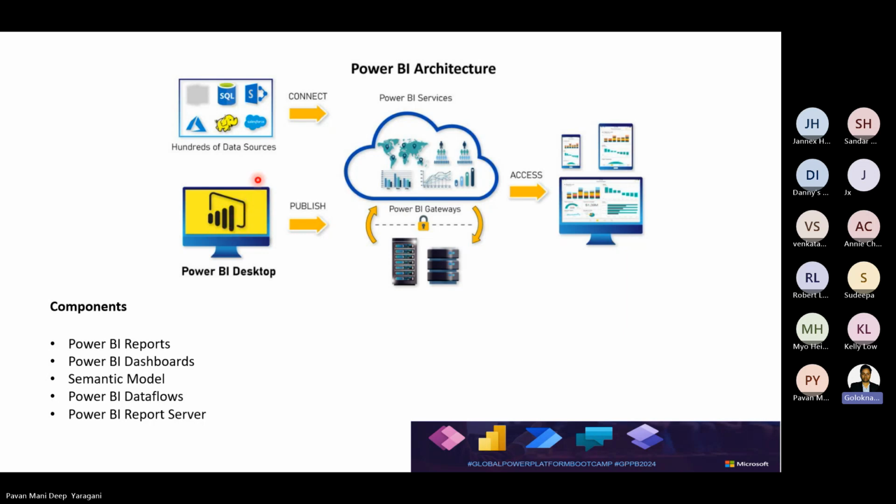And once we have developed the report and we are connected to our data source from where our data is, then we need to publish that report to a Power BI service. So this is the Power BI service. There can be some gateways installed. Suppose if your data is on premise, you need to have a gateway. Once you have the gateway, then you can publish to the Power BI service. We also have Power BI mobile, which will be integrated with the Power BI service.